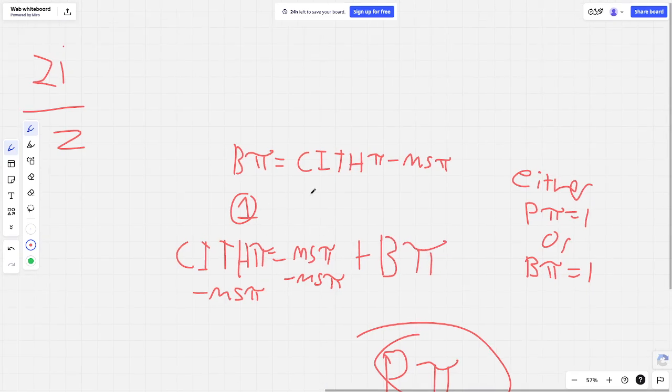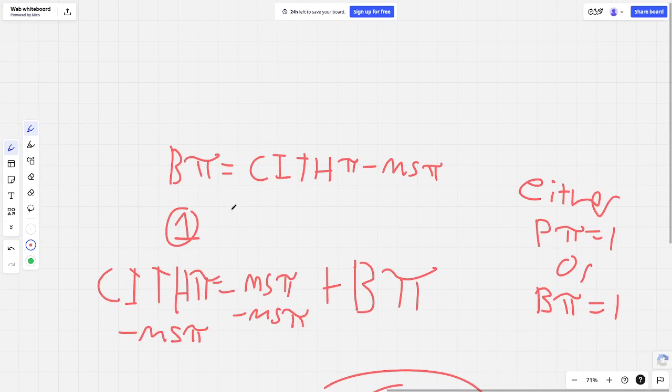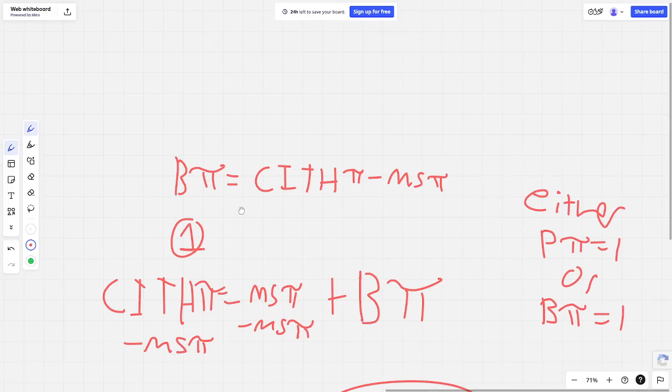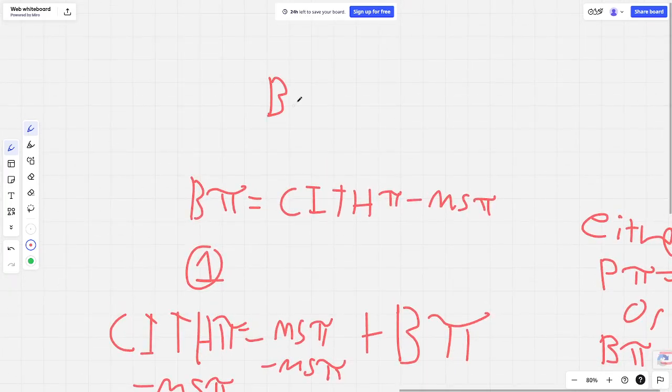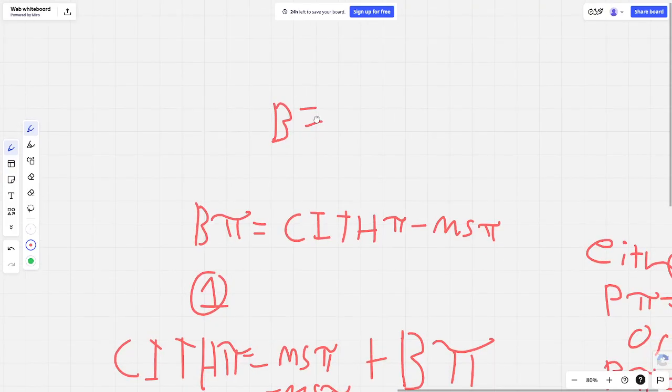So now we get to a little situation. All I got to do, as we see a ton of variables here, there's nothing we can divide except pi. We can divide pi. So let's do that. That would be blueberry equals cat in the hat minus maple syrup.